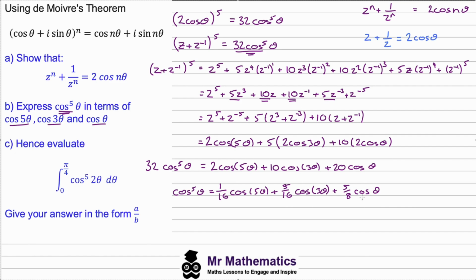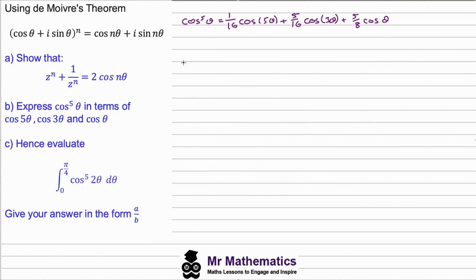Then for question C, so we have our identity for cos to the 5 theta, and we can use this to evaluate this integral. But we need to let theta equal this 2 theta. So we'll say the integral has the same limits of 1/16.